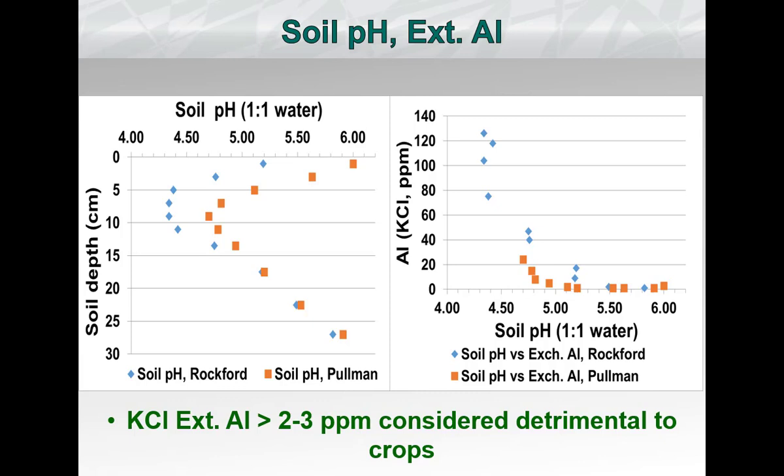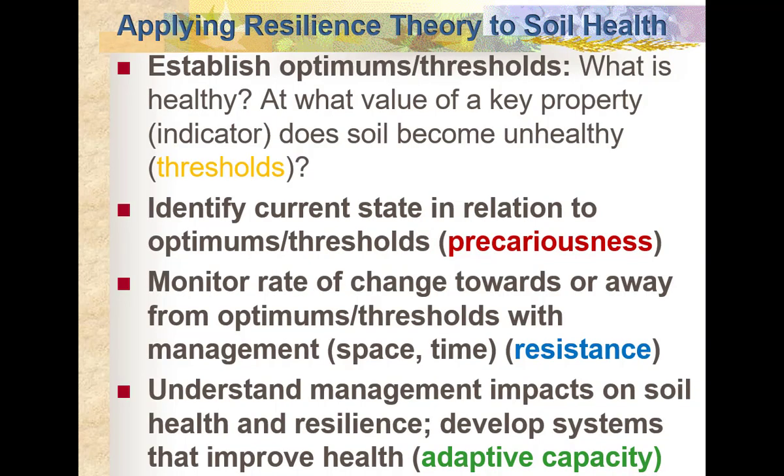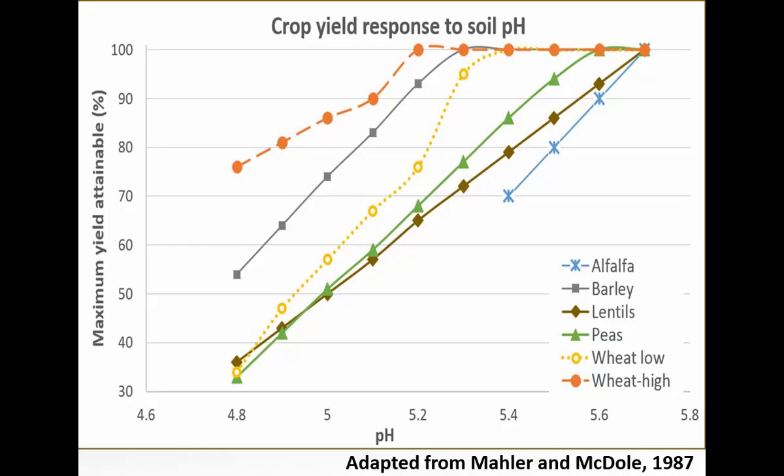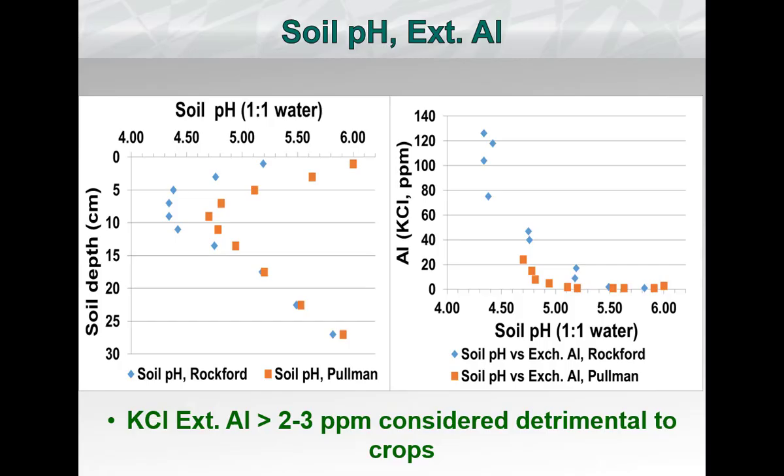And here on the other graph is just the aluminum. This is KCl extractable aluminum. And this is nothing new. Dr. Engel mentioned as we start to get below 5, we start to go up exponentially in terms of the amount of aluminum that we find with this particular test. And this is a threshold too, in terms of at what level of extractable aluminum do we start to consider things to be detrimental.